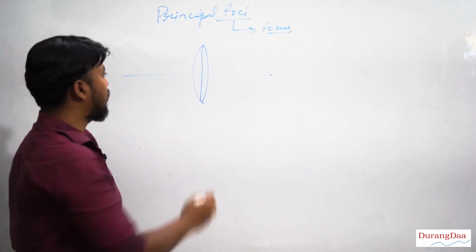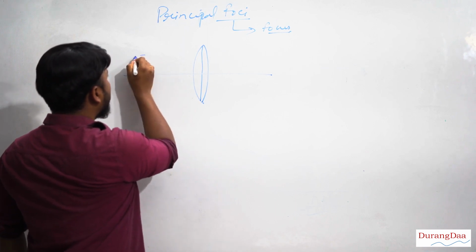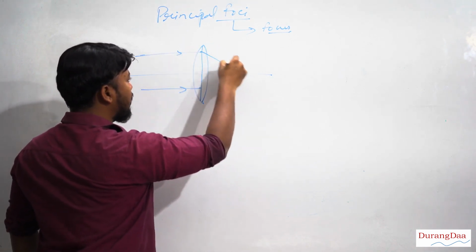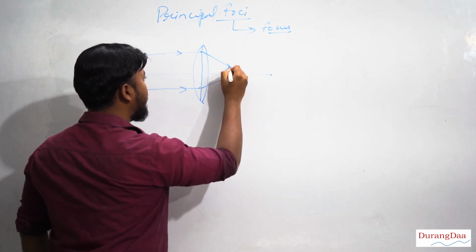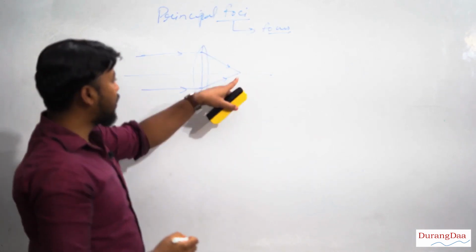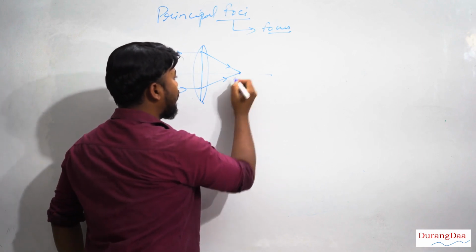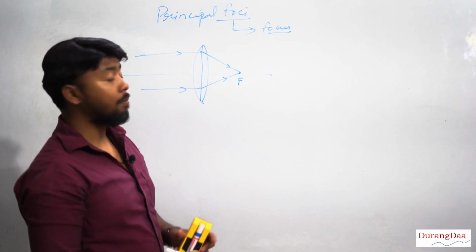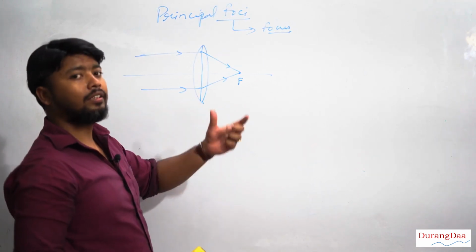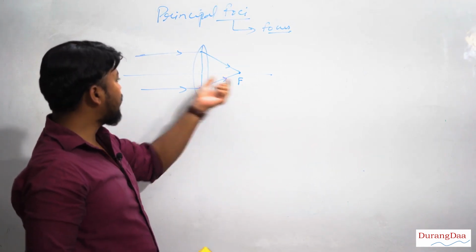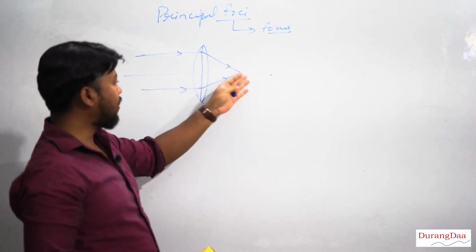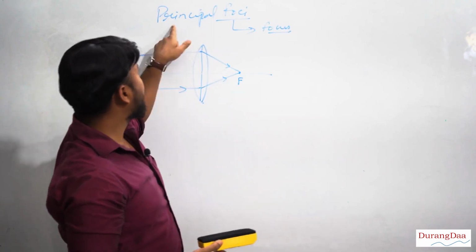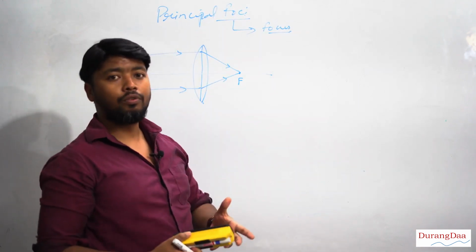Because this is convex, you know that if a light ray comes from this side, after refraction they will converge and meet at a point. Now this point here is called your focus. For now I will just call it focus. But depending upon how the light ray is coming, it might form a focus either this side or that side. That means we are having two focuses. That is why the name principal foci, the plural of focus.